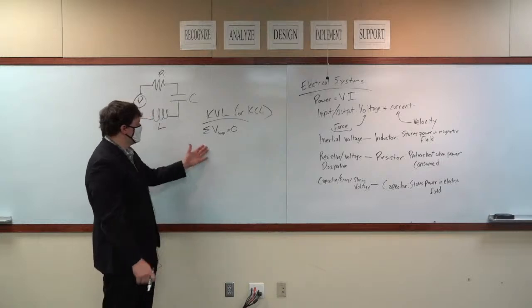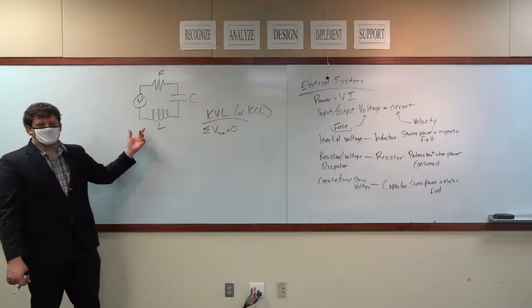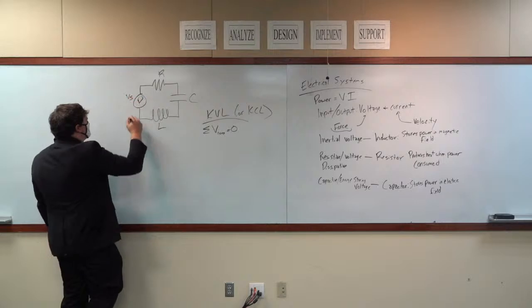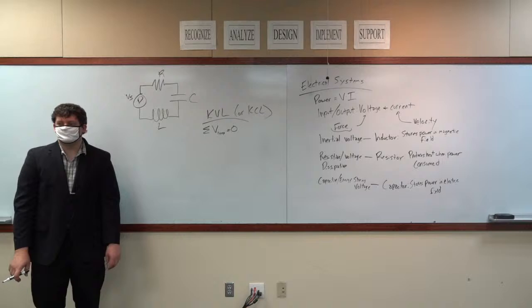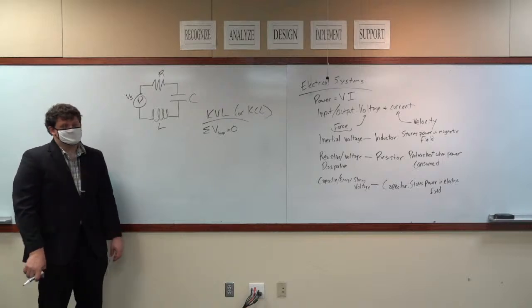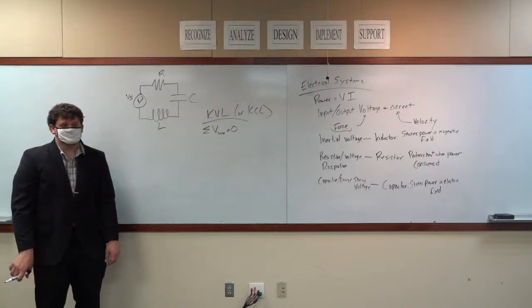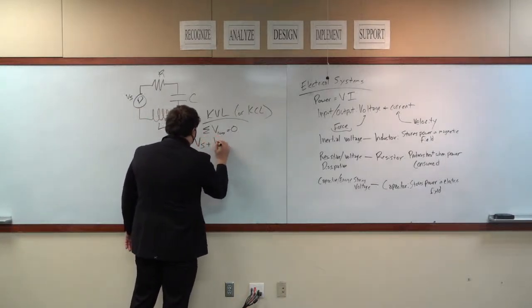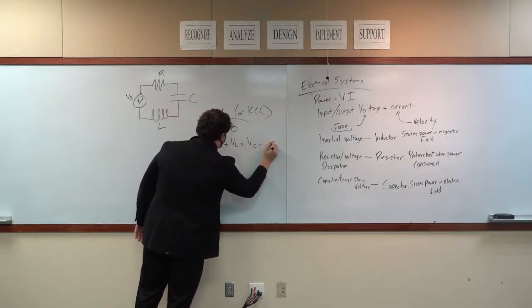Okay, so what we'll do is we'll go ahead and sum all the voltages in the loop. What are all the voltages we have in this loop right here? We got Vs plus, I'm going to go ahead and say Vr, plus Vl plus Vc equals 0.